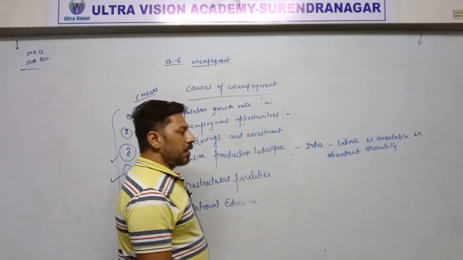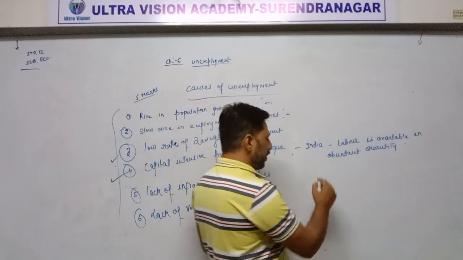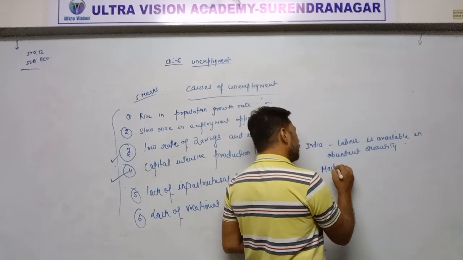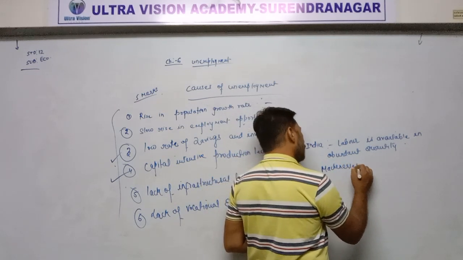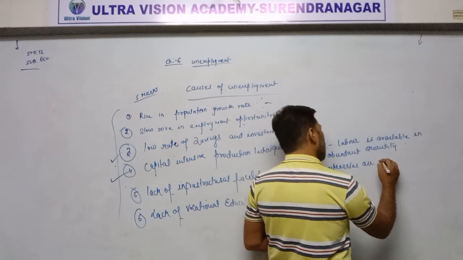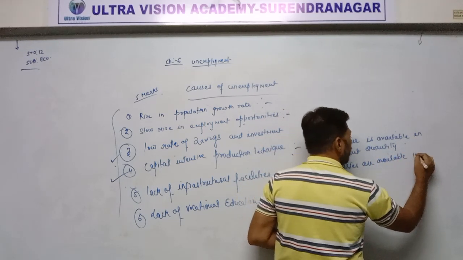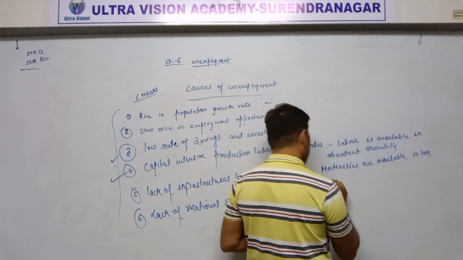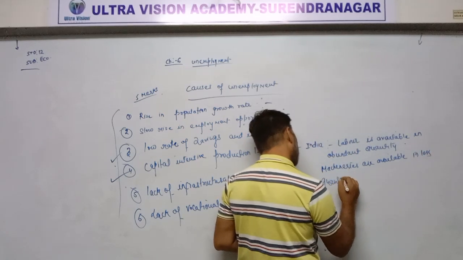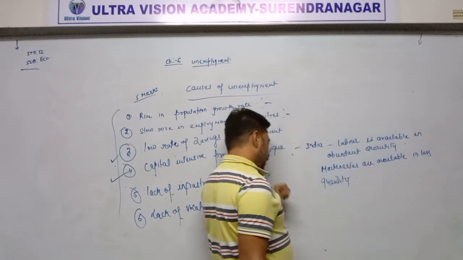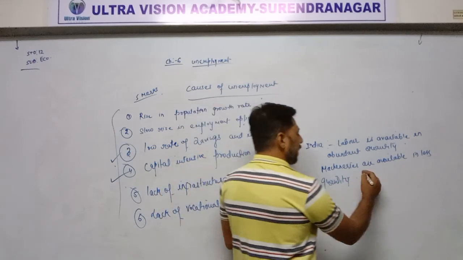Labor is available in abundant quantity, whereas machineries, means capital, are available in less quantity. Less quantity means scarcity.